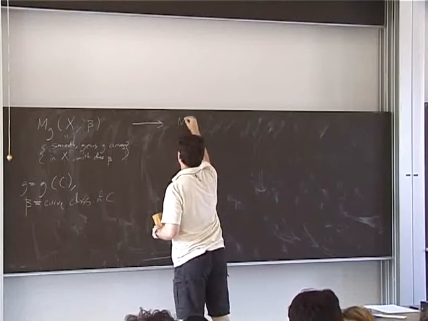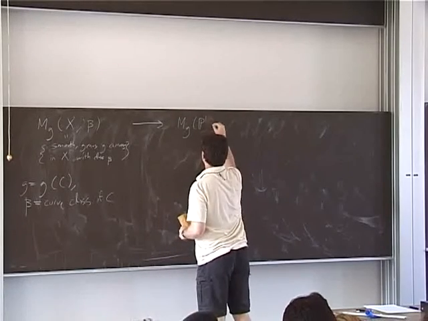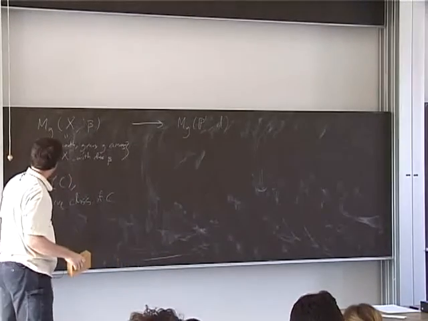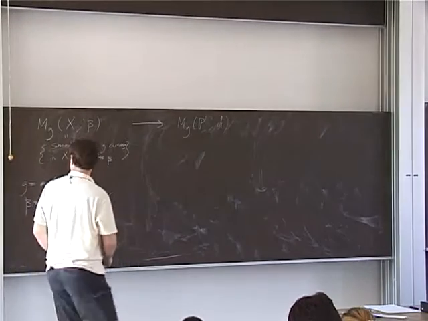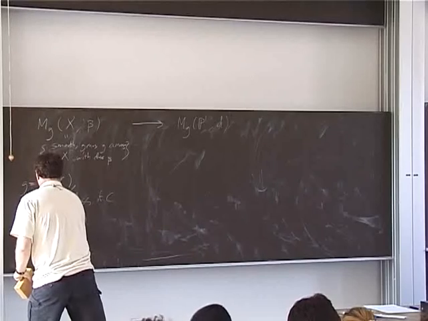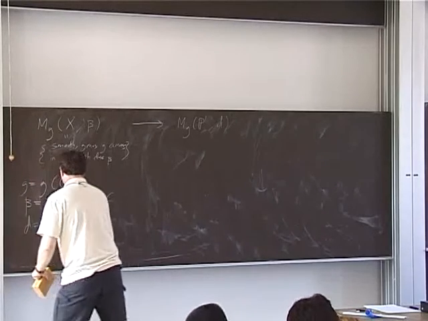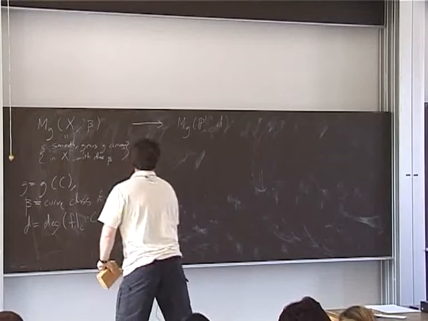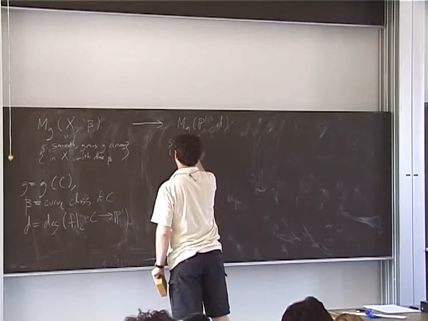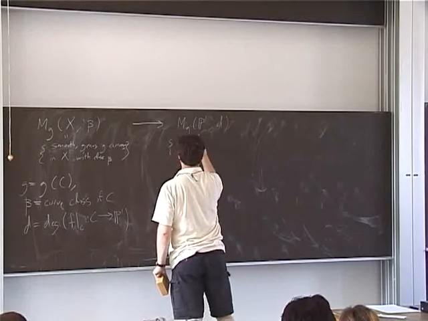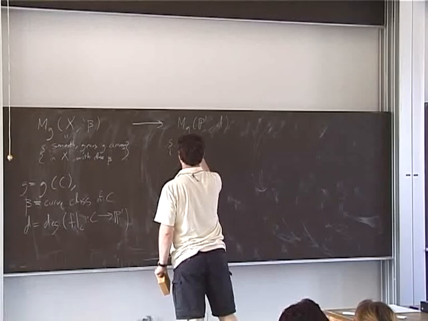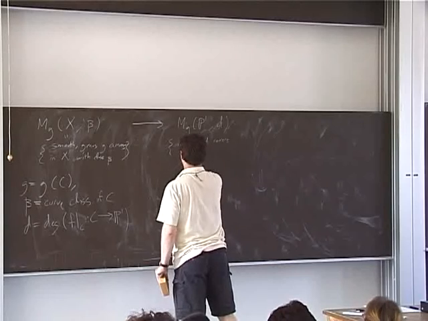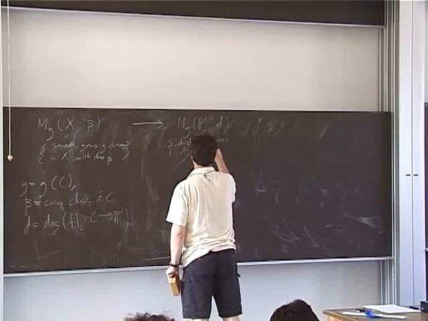And then there's this other space, M_g(P1, d). So now d is the degree of the restriction of f to C. So d equals the degree of this finite morphism from C to P1. And this is the set of covers, I mean d-sheeted covers of P1 by genus g curves.